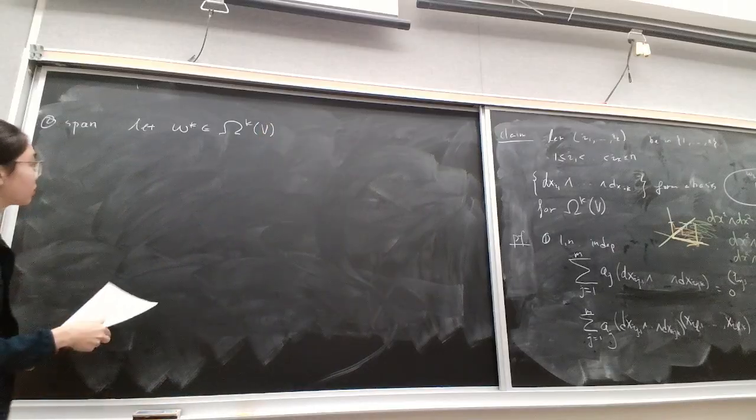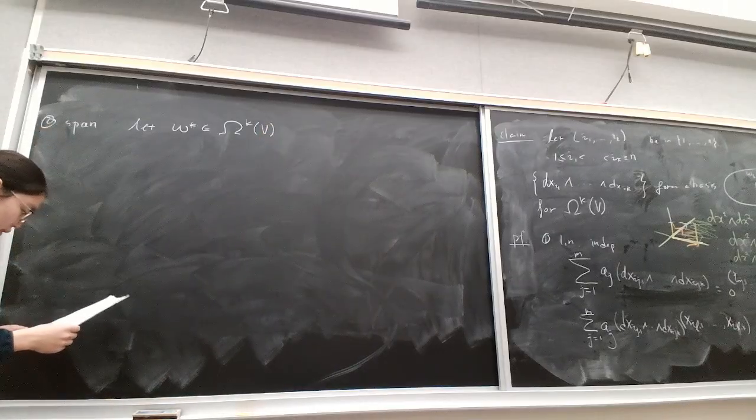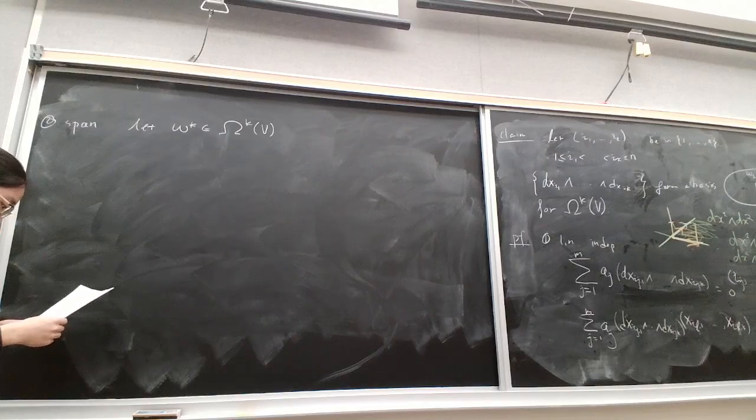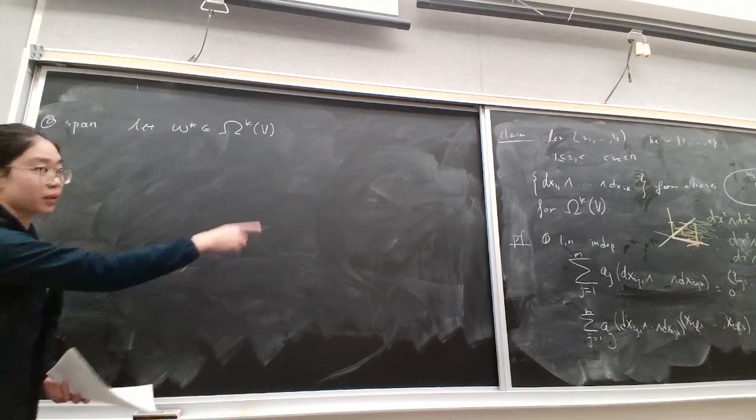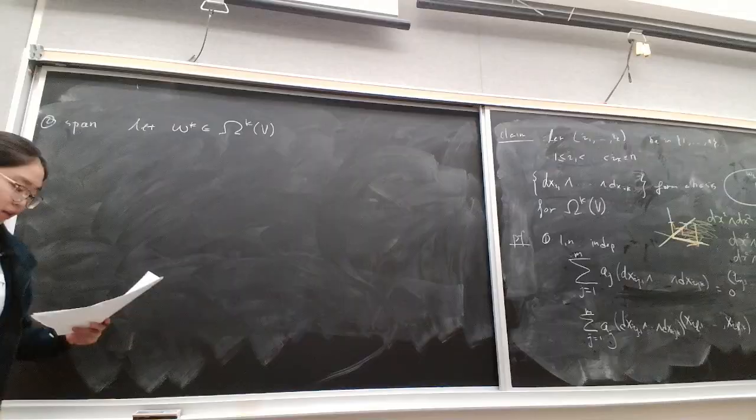So suppose omega k is a k-form over V, and we want to find a linear combination of the basis vectors so that it's equal to omega k.